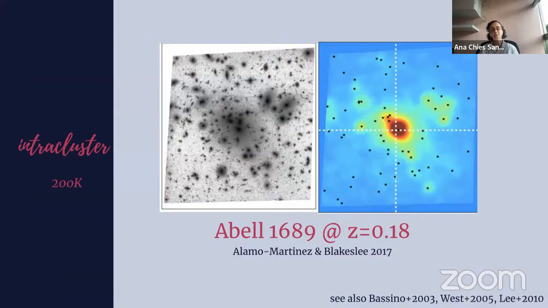GCs are not only found in the bodies of their host galaxies, but also free-floating in galaxy clusters, not necessarily bound to a host galaxy. So the Virgo, the Fornax, the Coma, and the Abell 1689 galaxy clusters, like this one in the slide, all appear to have rich populations of intra-cluster globular clusters. This beautiful super deep HST image estimated around 200,000 GCs in this single deep HST field.